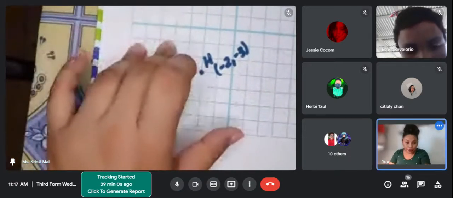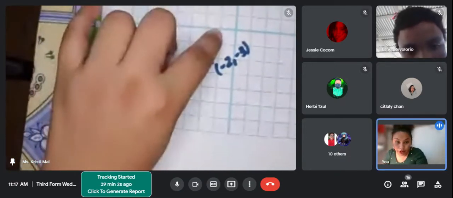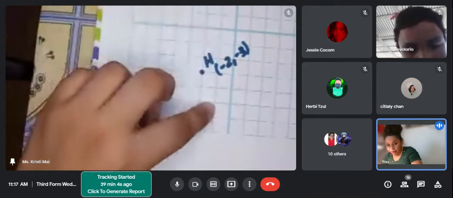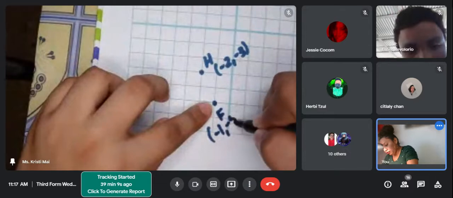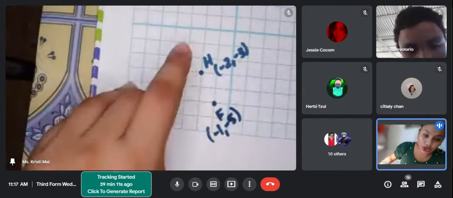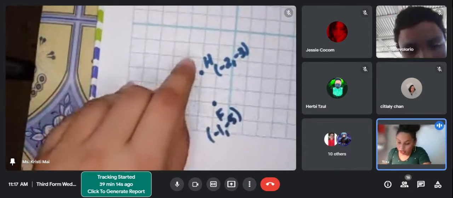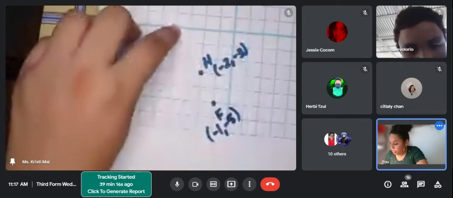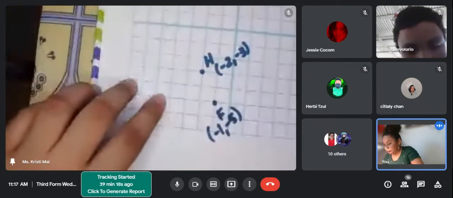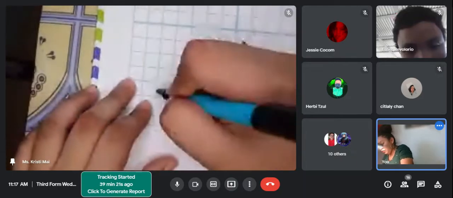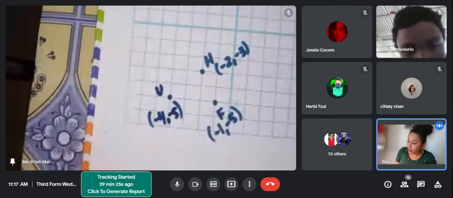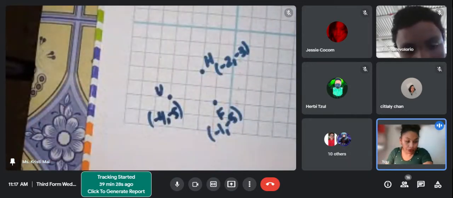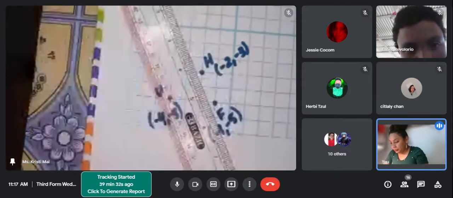It has F being -1, -5. And then it has U being -4, -5. And it's asking for a rotation of 180 degrees. All right.